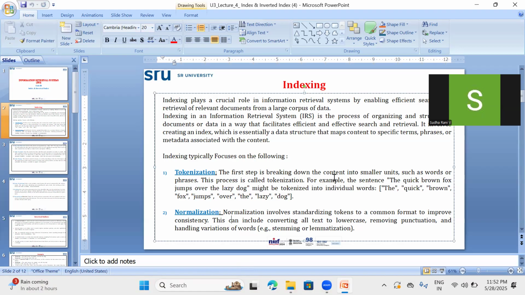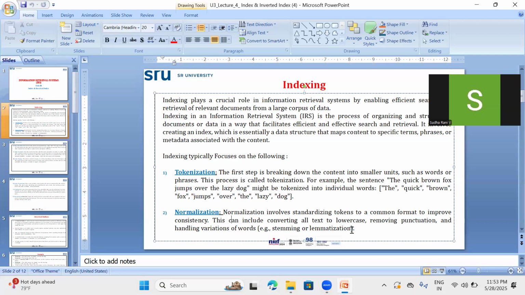This can include converting all text to lowercase, removing punctuation, and handling variations of words. These are also called stemming or lemmatization. So in NLP, stemming and lemmatization together are called normalization.